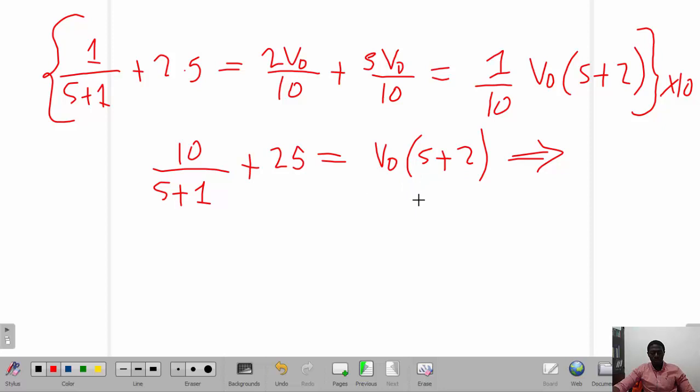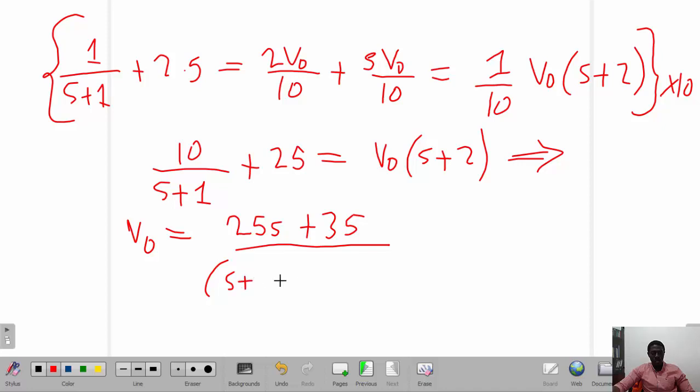So now, if we take V naught and make it the subject of the formula, what we get is 25s plus 35, divided by s plus 1 times s plus 2.